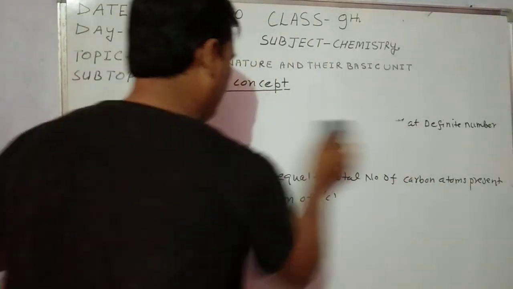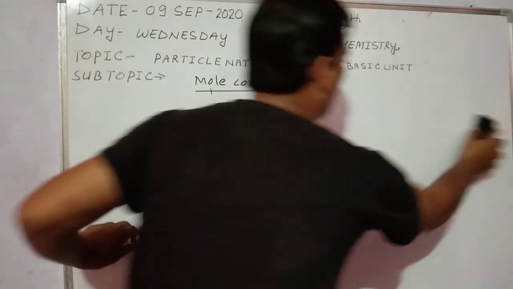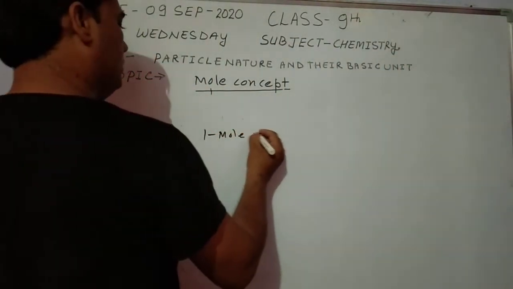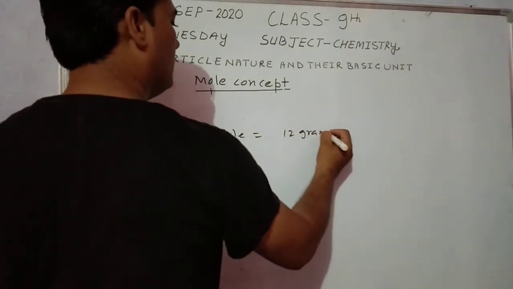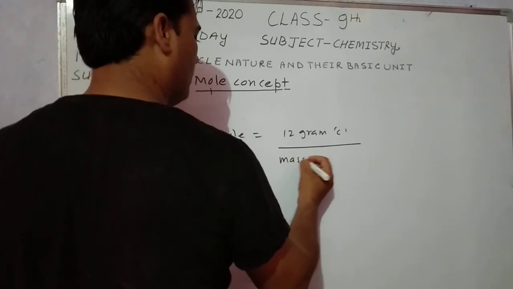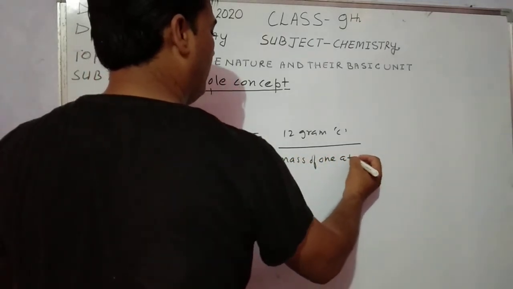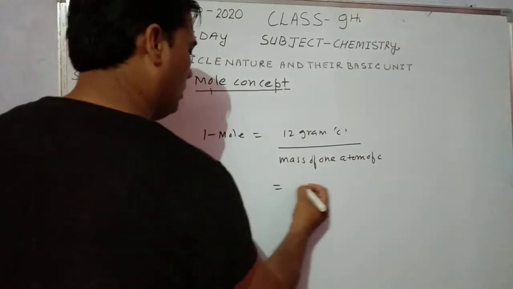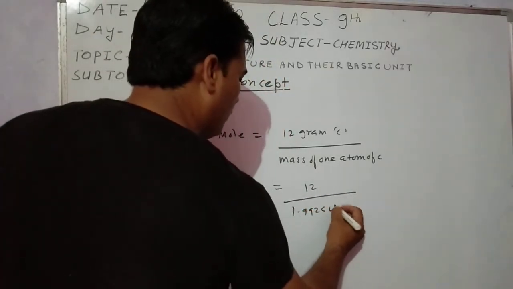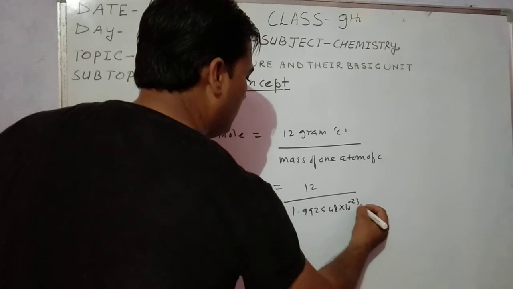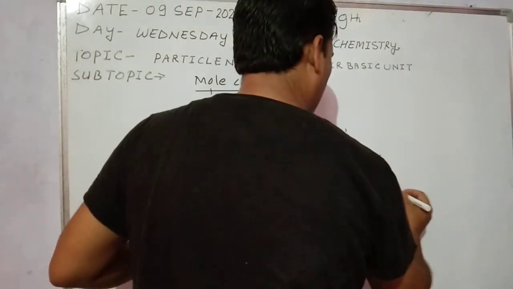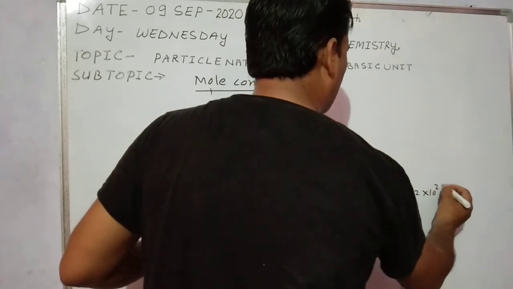Then how can we calculate the moles? So 1 mole is equal to 12 gram carbon divided by the mass of 1 atom of carbon. So 12 divided by 1.992648 into 10 to the minus 23 gram. Gram cancels, then we get 6.022 into 10 power 23.